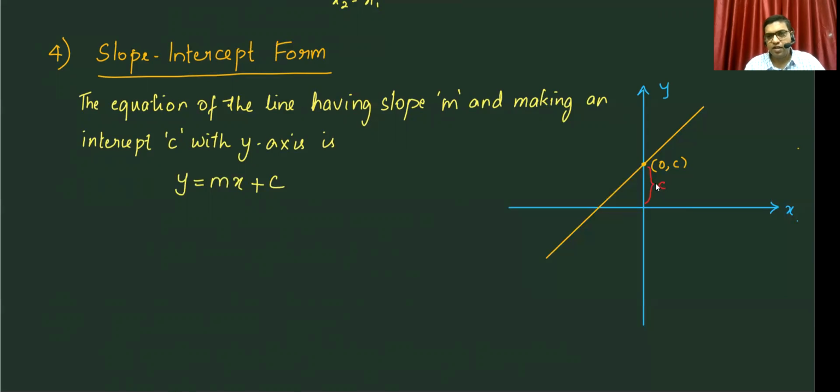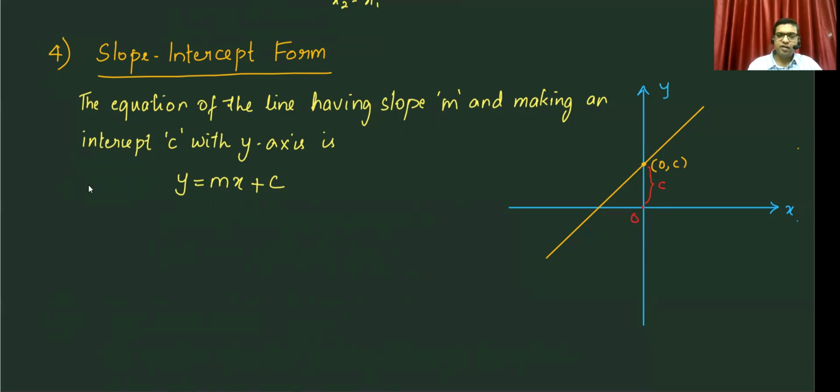The c can be positive. If it's positive, the intercept is above the x-axis. If c is negative, the intercept is below the x-axis. So this is called the intercept. This is the origin.